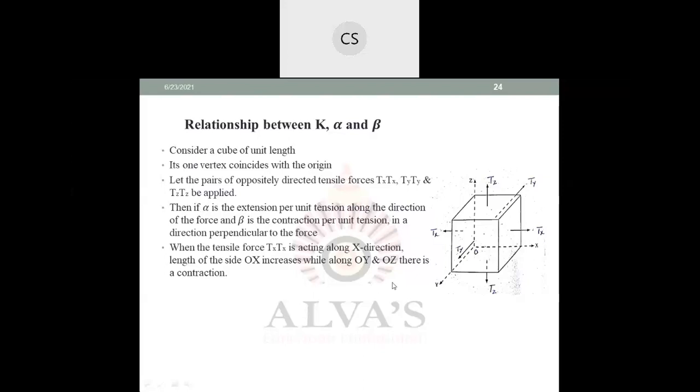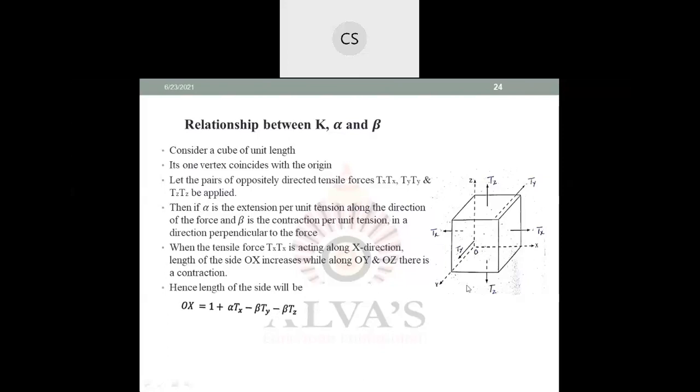Whenever there is a longitudinal strain, there is also a lateral strain. Because of the lateral strain, there will be a contraction along OY and OZ. All right. So then what will be the length of this side?